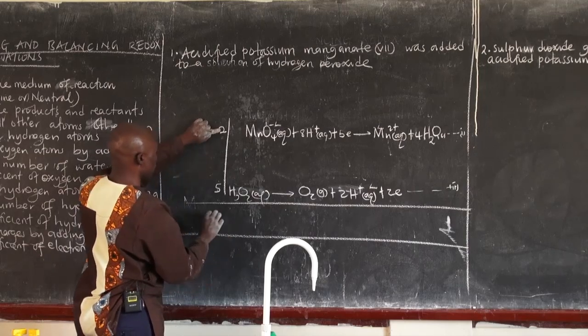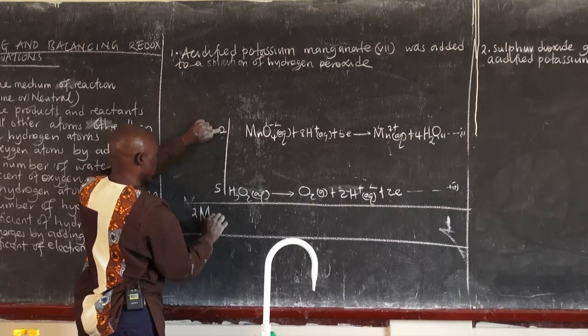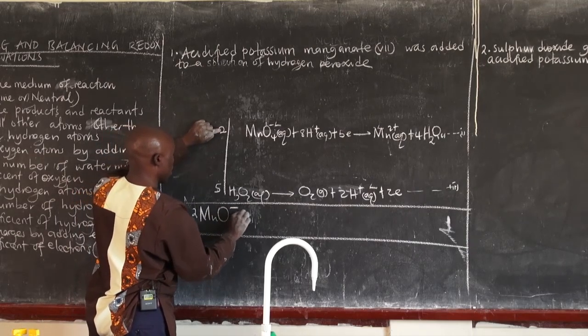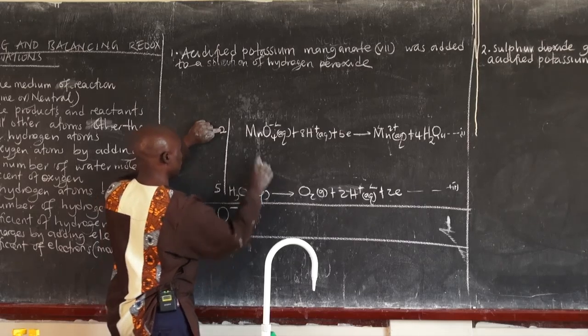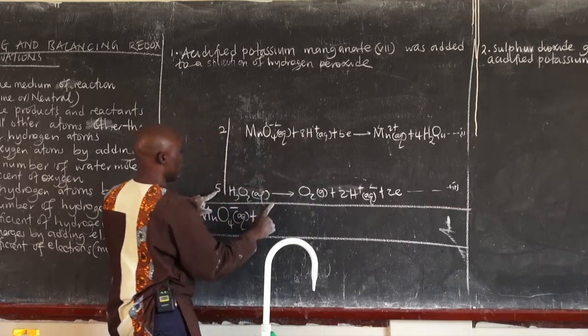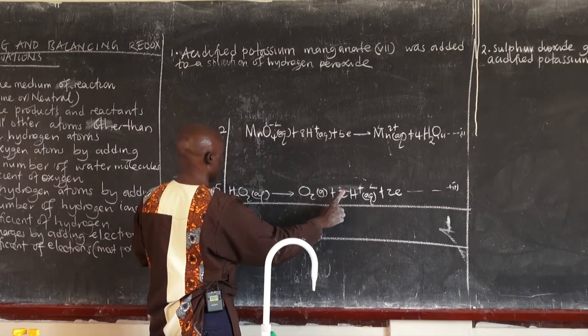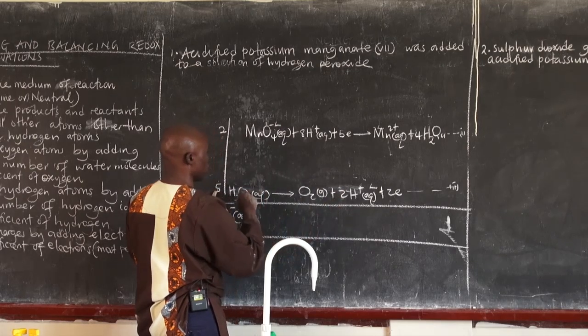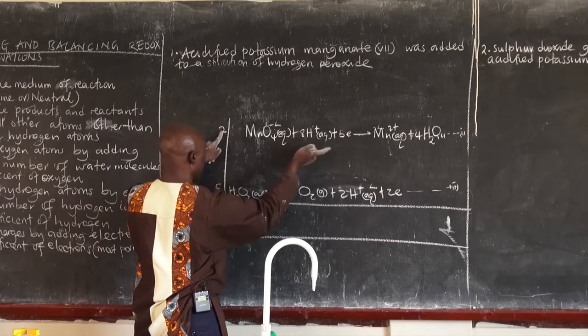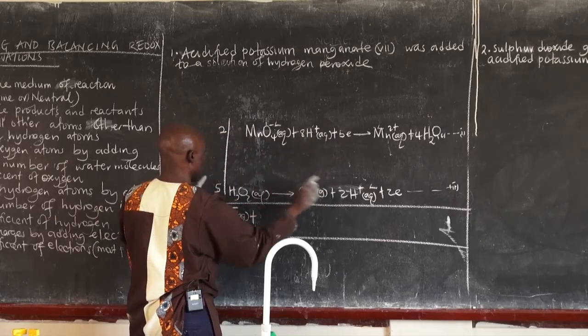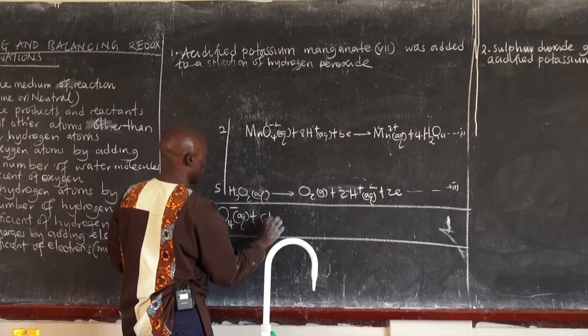So let's add together. 2 manganate 7 plus, this is now 16, but down here there are 10 protons. So we take the smaller protons to the side with many to subtract. So 16, they will come on the left hand side. 16 minus 10 gives us 6.